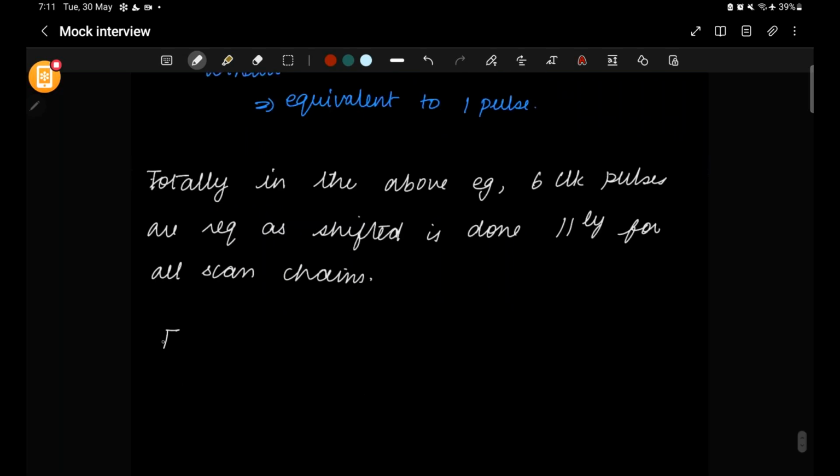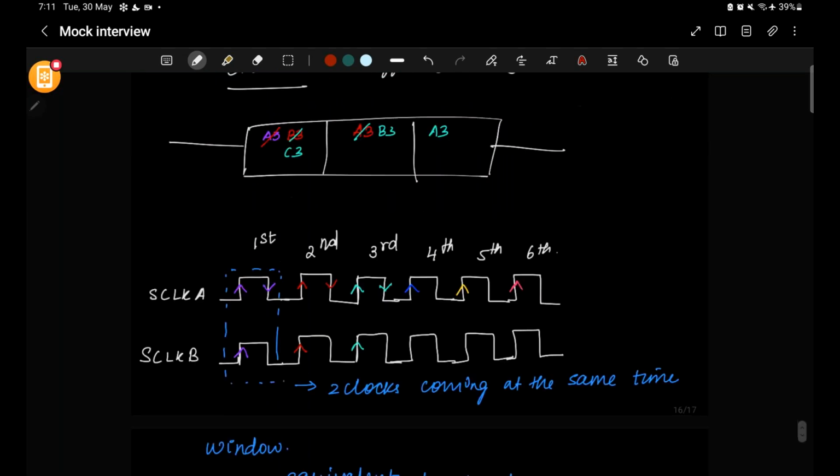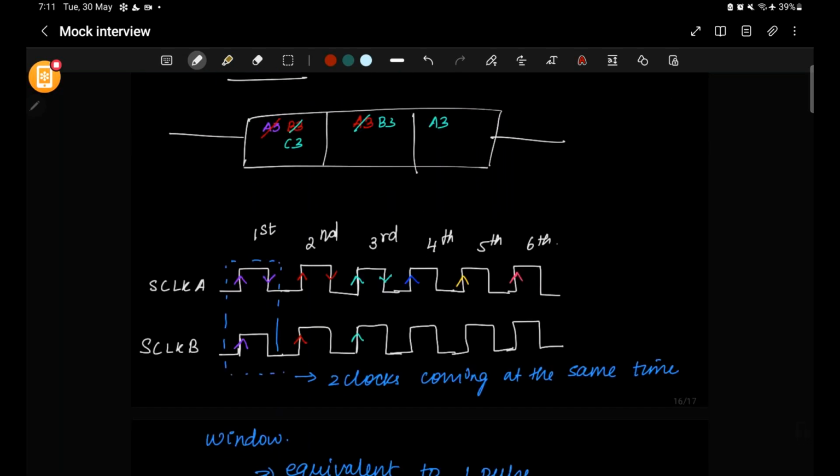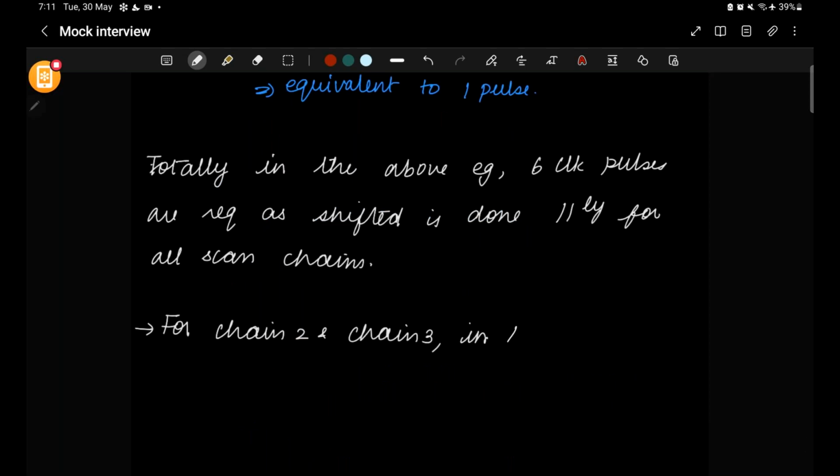So for chain 2 and chain 3, in the last 3 pulses, the 4th pulse, 5th pulse and 6th pulse, no shift was happening.